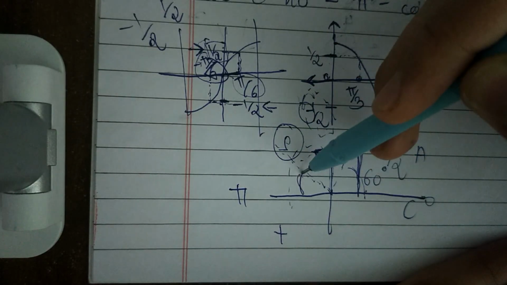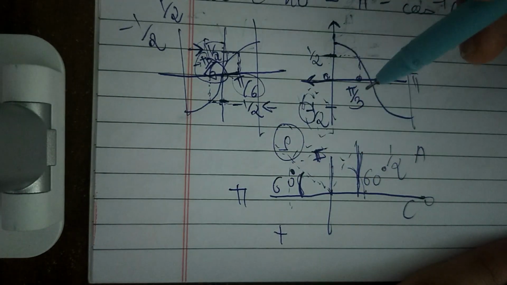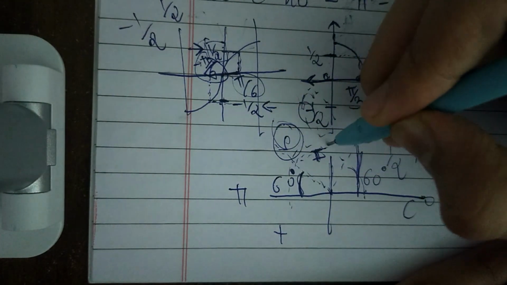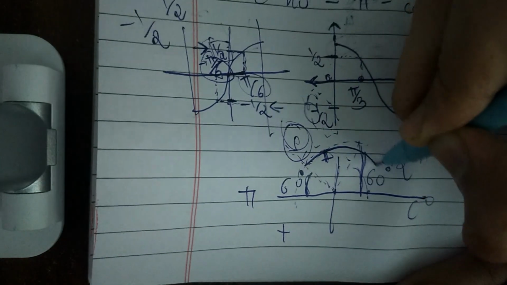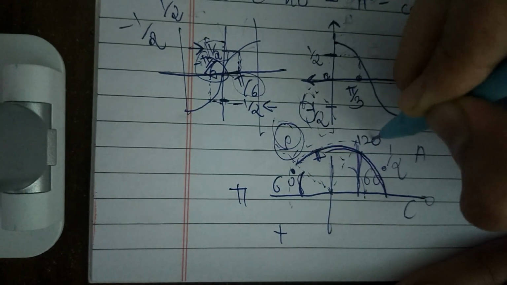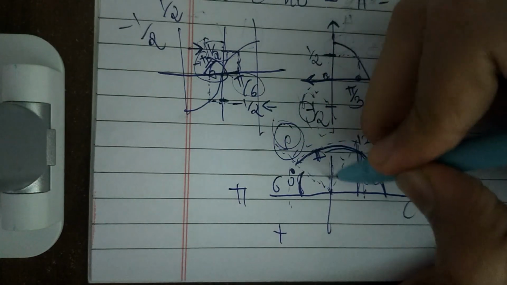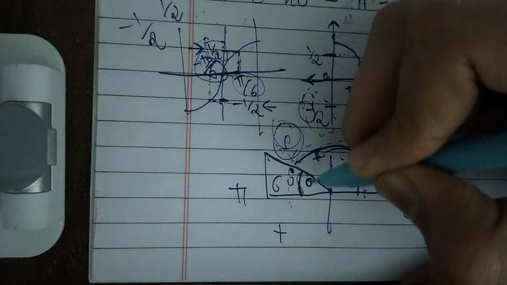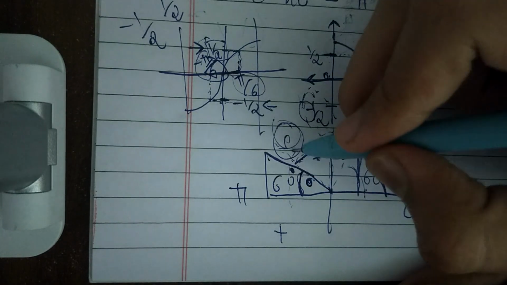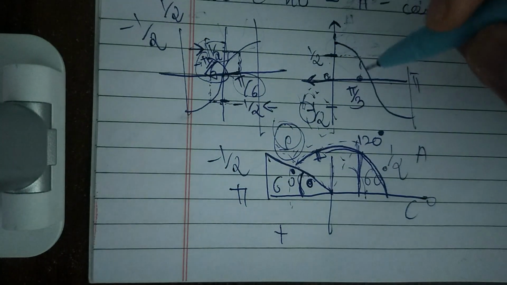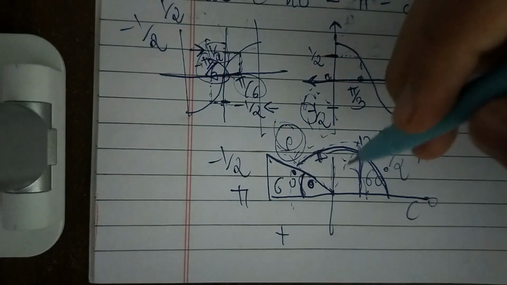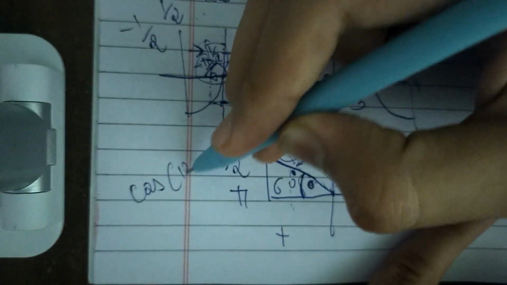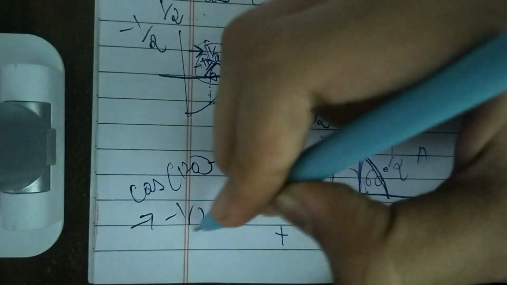Some 60 degrees here in the second quadrant. That means this is 120 degrees, and the real angle is 120 degrees. The triangle so formed has theta equal to 60 degrees, so its cos will be minus 1 by 2. It's basic trigonometry, you should know this. So cos 120 gives us minus 1 by 2.